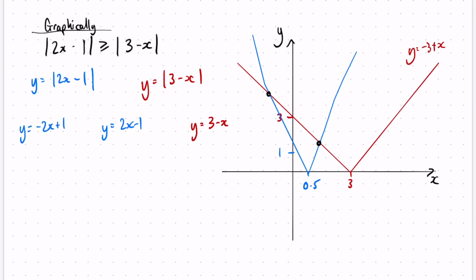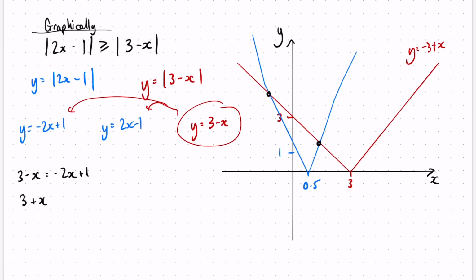Okay, so now all I need to do is substitute y equals 3 minus x into either one of those two equations to find my two solutions. So 3 minus x is equal to minus 2x plus 1, which becomes 3 plus x is equal to 1, so x is equal to minus 2.